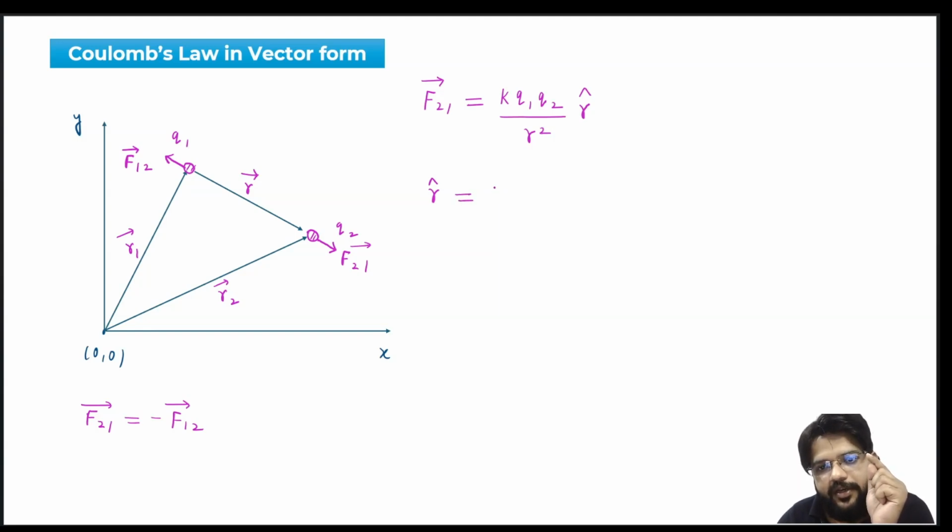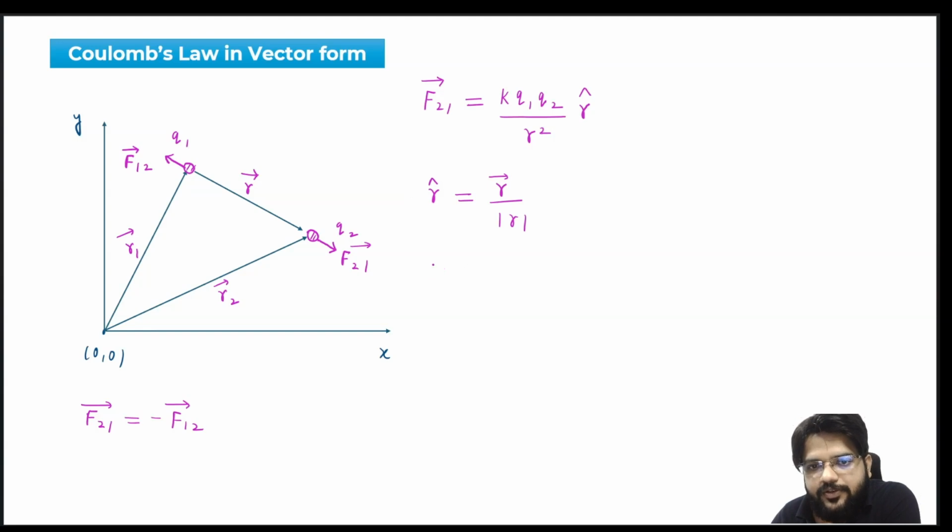R cap can be written as vector R by mod R. If you divide any vector by its magnitude, then we get the unit vector. And you can see here, the direction of R vector and the direction of F21 vector is the same. So to represent the direction of F21 force, we use the R cap vector.